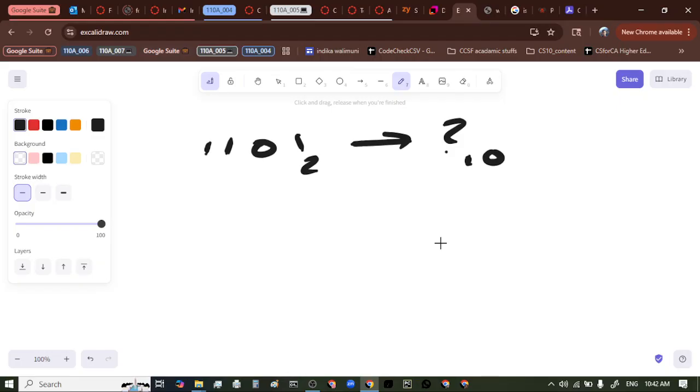So I'm going to expand this a little bit. I'm going to write it like 1 1 0 1, but no spaces, just to expand this. So this is 2 to the 0th position, this is 2 to the 1 position, this is 2 to the 2 position, this is 2 to the 3 position, right?